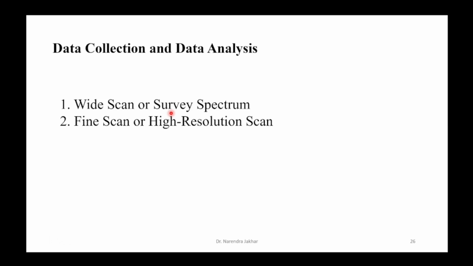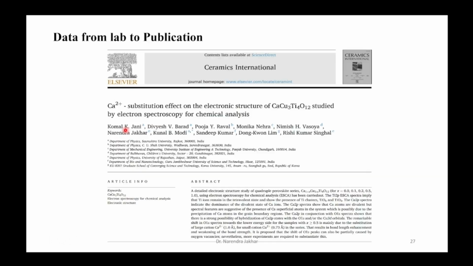It will provide us an idea of what different elements are present in our sample. Having that idea, we then go for a particular element and take a high resolution scan, meaning we provide a longer time for that scan, and these are known as fine scans.